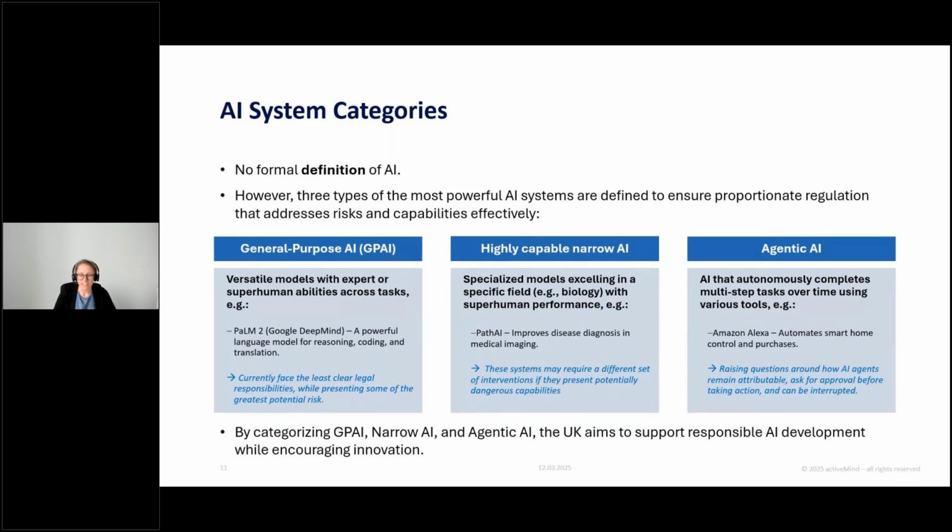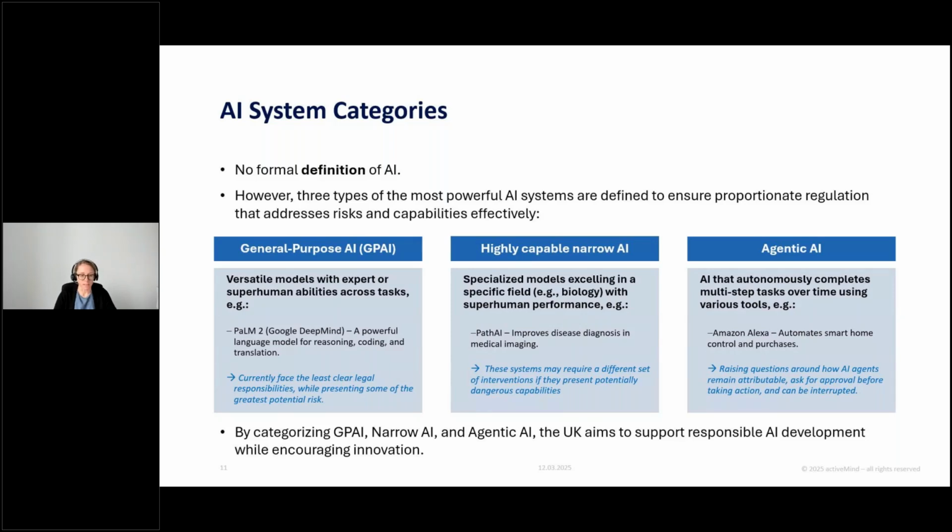Agentic AI are systems or technologies that autonomously complete multi-step tasks over time using various tools. And I think Amazon Alexa is one of the most known here. Those systems and technologies raise questions around how AI agents remain interruptible, ask maybe for approval before taking action, and how they can be interrupted.